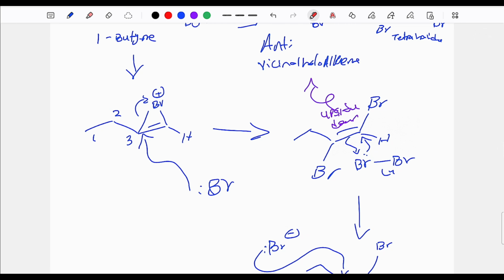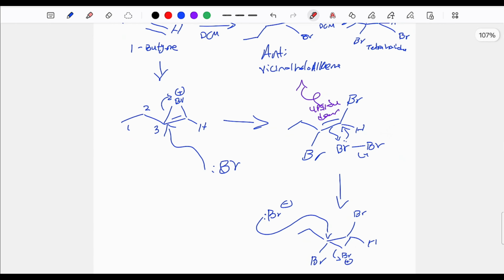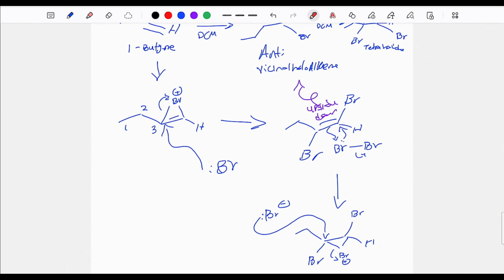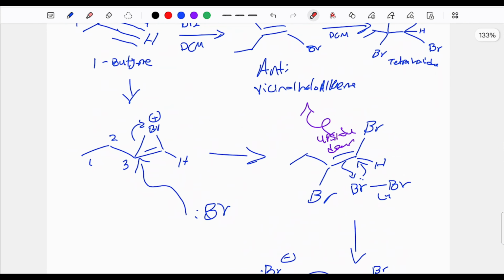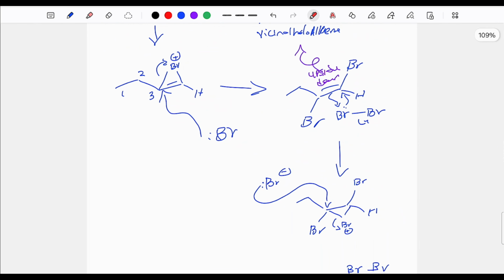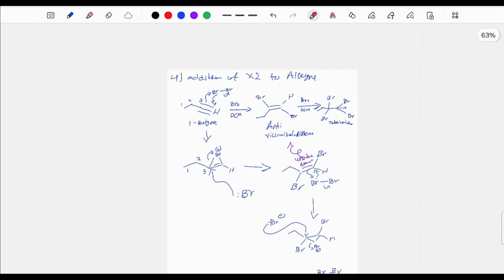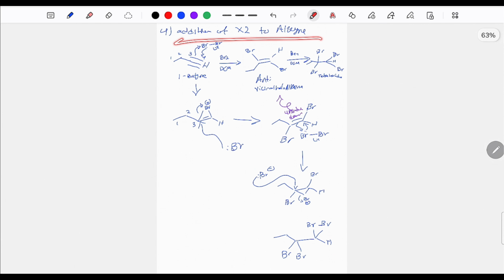Again, regioselectivity is not really a factor here because you get a fully substituted tetrahalide. It's not really any problem at all. And so, anyways, that's that. So this is the addition of X2 to an alkyne to give us a vicinal haloalkene or a tetrahalide.